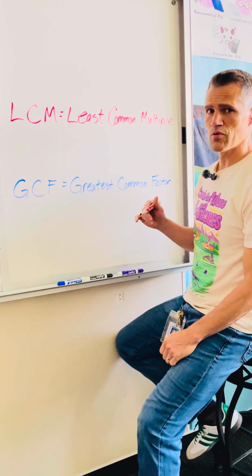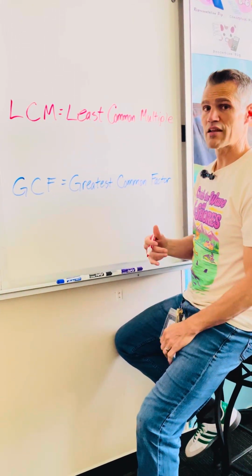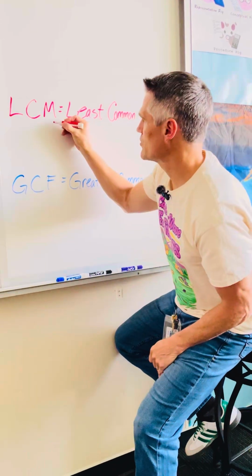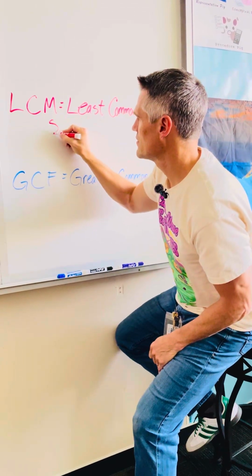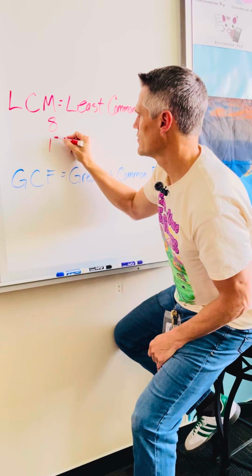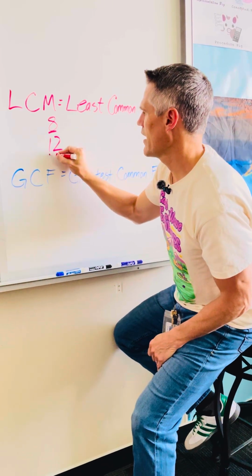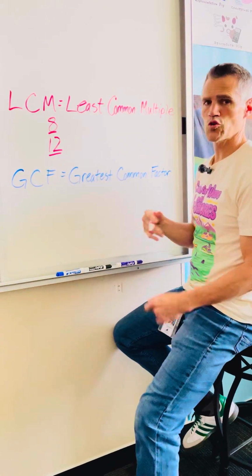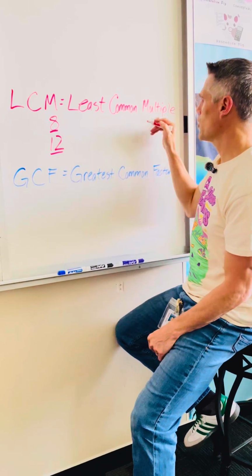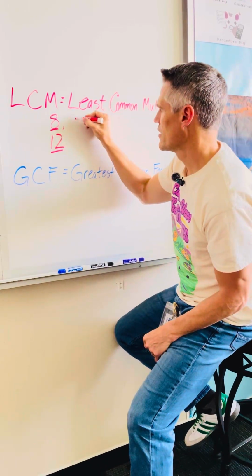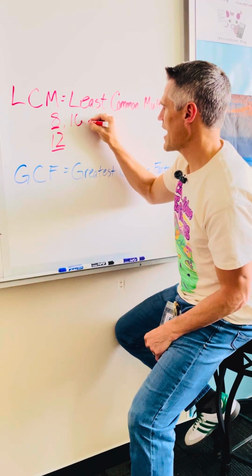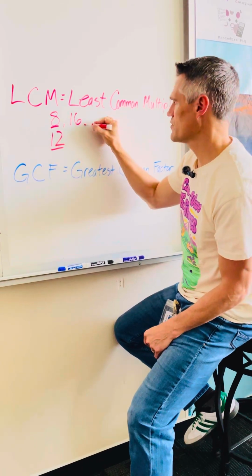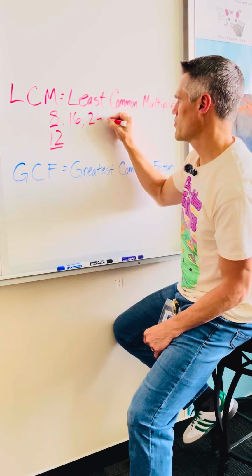LCM, for example, let's say you have to find the LCM of two numbers, 8 and 12. And so you know that multiples are when you just add that same number to itself. Those are the multiples.